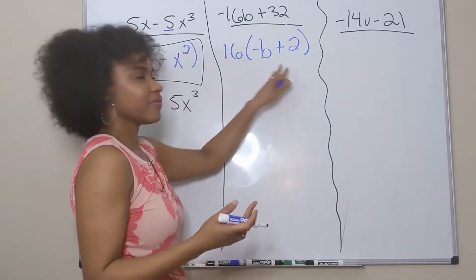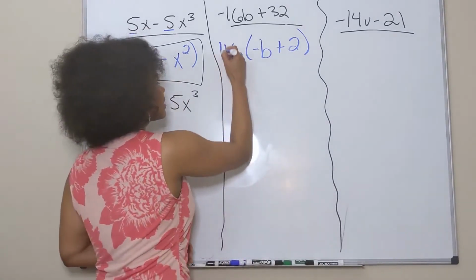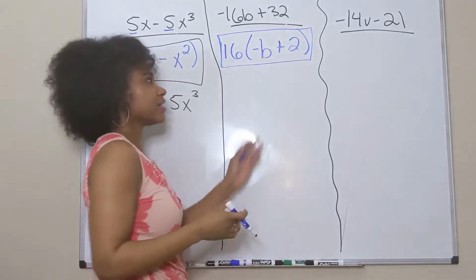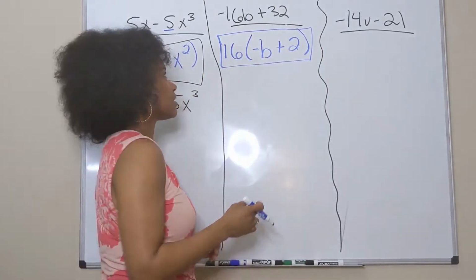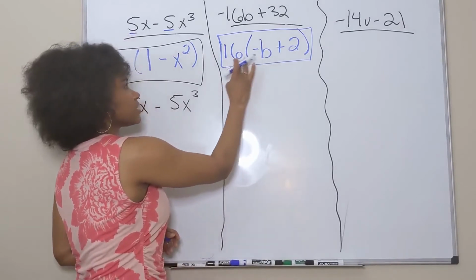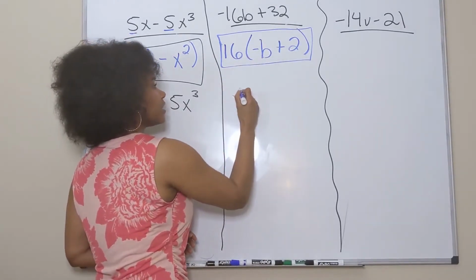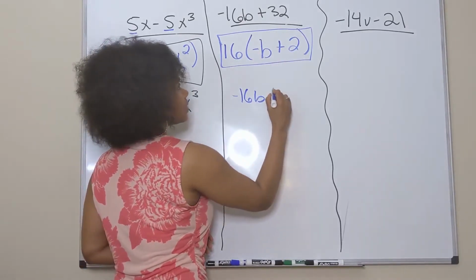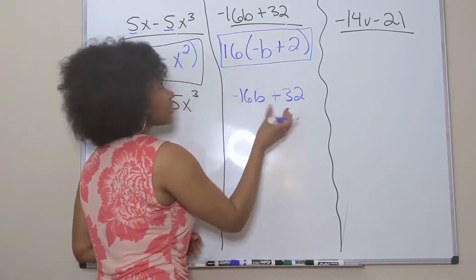So I factored this expression completely because I can't factor out anything else inside the parentheses. If you want to check it, 16 times negative b is negative 16b, and 16 times 2 will give me 32.